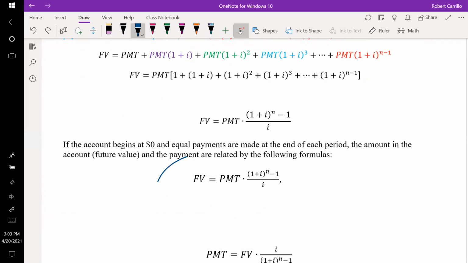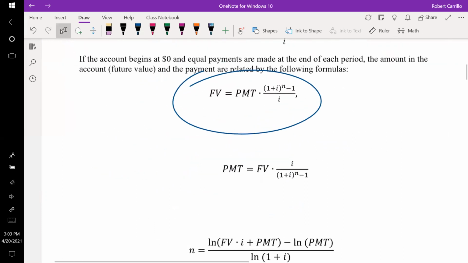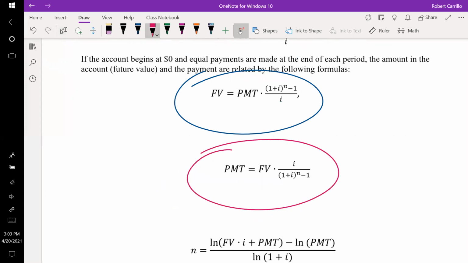So here's the regular future value formula, the same one as above, but let's say the problem calls for us solving for the payment. Well, down below, if you wanted to solve for the payment, this is how you would rearrange the formula. You would get payment equals the future value times I over (1 plus I) to the n minus 1.